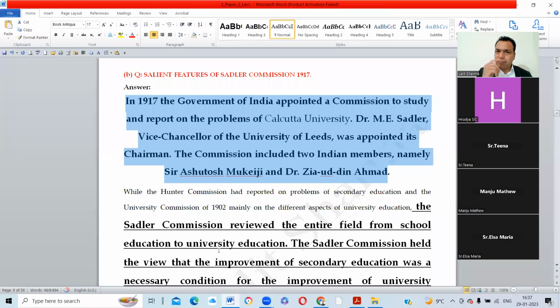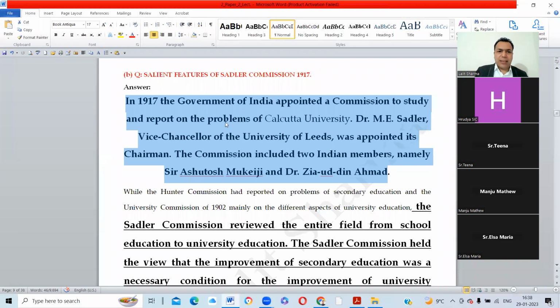Like we know that the 1964-66 commission is popularly known as the Kothari Commission, right? When we talk about the Secondary Education Commission 1952-53, it has become more popular as the Mudaliar Commission, because he was the vice chancellor of that university.